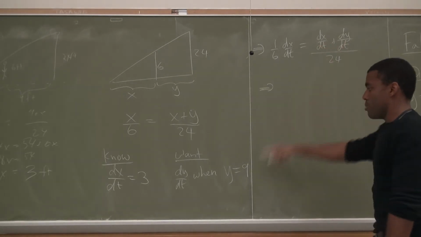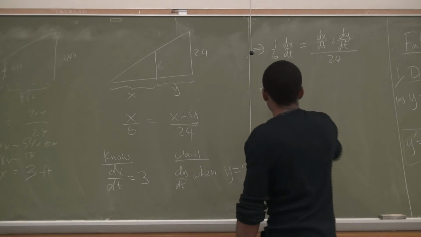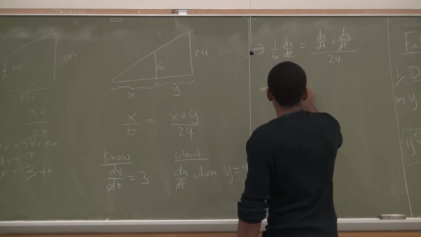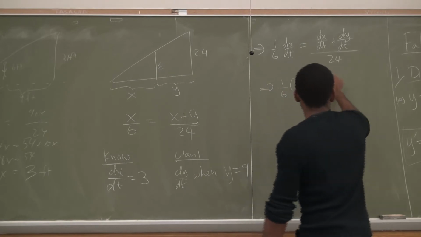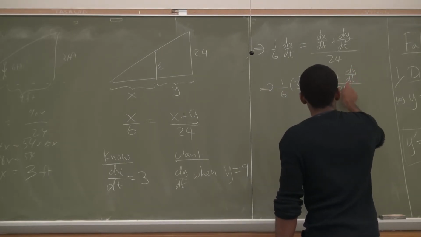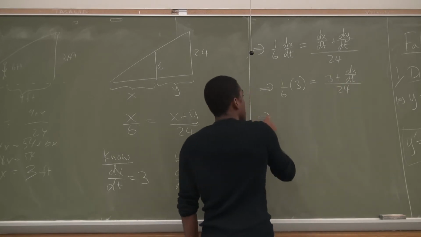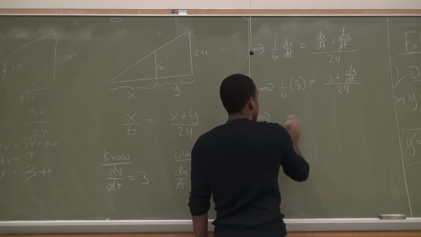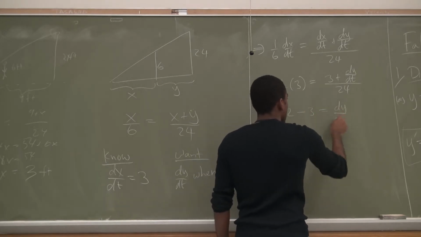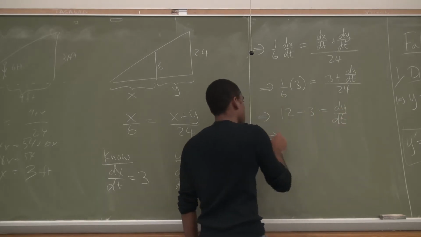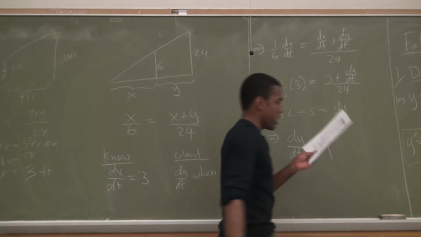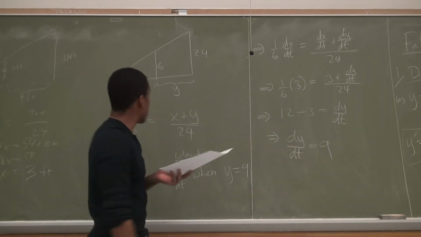X and y don't even come into play here. We know dx dt is 3, so that's 3 plus dy dt over 24. So a half times 24 is 12, minus 3 equals dy dt. It's walking at 9 feet per second, that's part B.